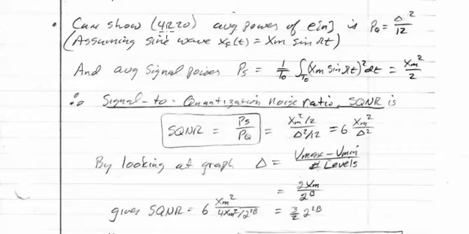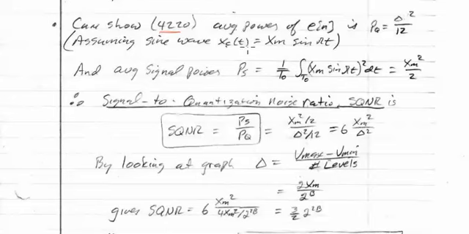But you can find the average power in that error signal, and it turns out that's what this is supposed to represent, P sub Q, the average quantization error power. Since it's a signal, it has power in watts, and it's delta squared over 12. Remember, delta is the step size.